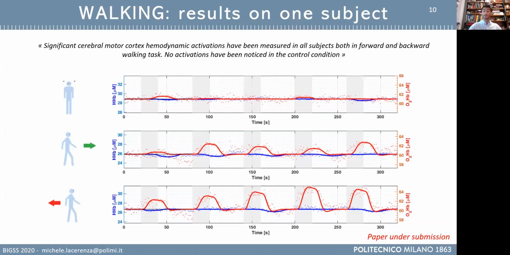Then we have a clear activation for nearly all of the repetitions in case of forward walking, the second row, and we have substantial activation for each of the tasks in case of backward walking, suggesting a major involvement of the motor cortex in backward walking compared to forward walking. We're writing a paper about this project, and it is under submission.